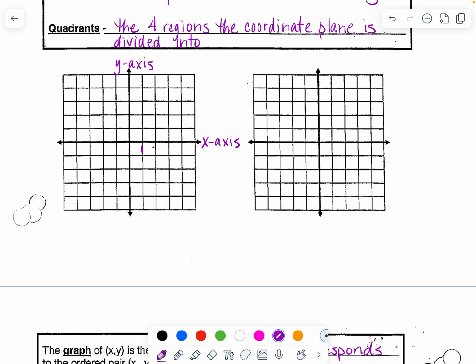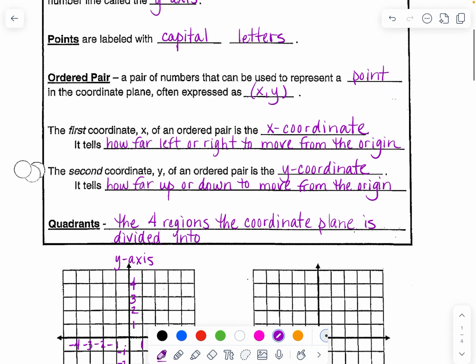So we'd have maybe 1, 2, 3, 4 heading to the right, and maybe 1, 2, 3, 4 heading up. And then we know on number lines there's also negative numbers. So we'd have -1, -2, -3, -4 as we head left, -1, -2, -3, -4 as we head down. So we have these two number lines that intersect, and that creates our coordinate plane.